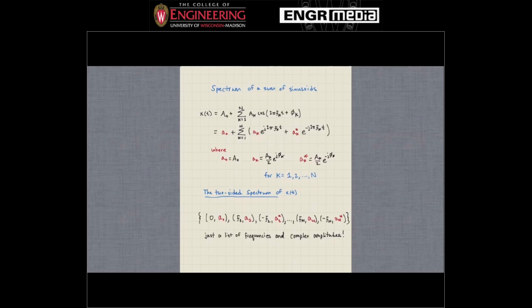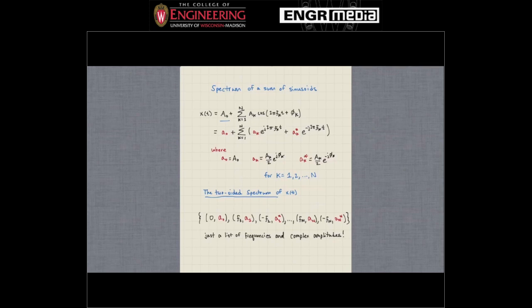More generally, we can look at the spectrum of a sum of sinusoids. Any sum of sinusoids we can write as we have at the top of the screen here, where this first term, a naught, is a sinusoid at frequency 0. It's often called a DC offset, a constant offset.